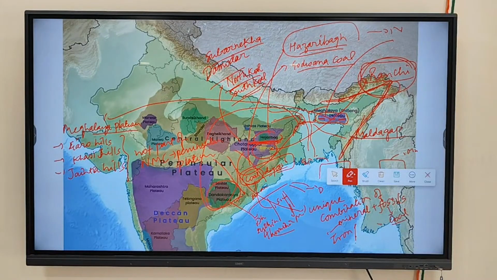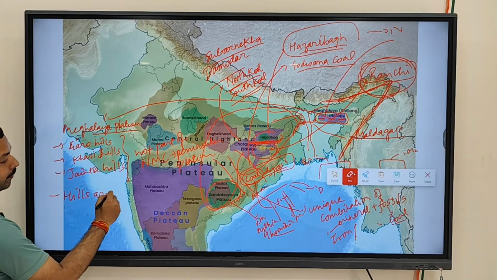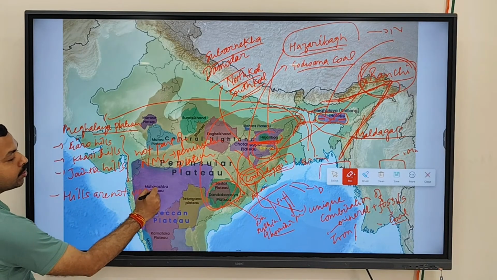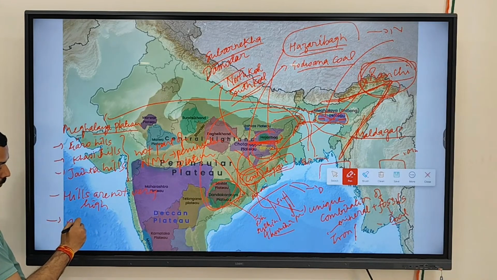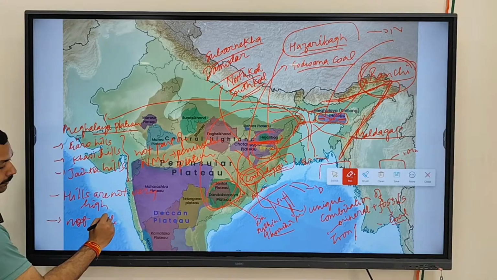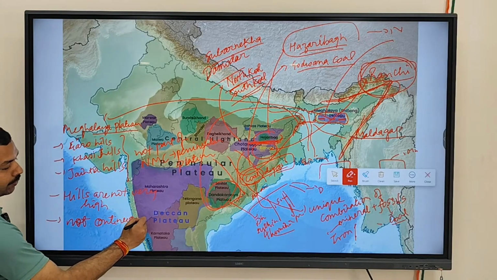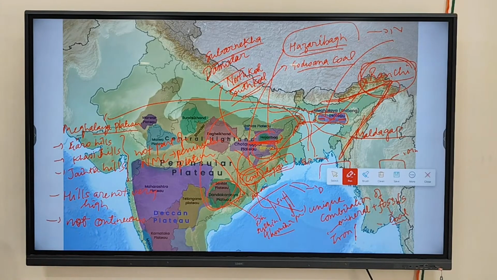Fine. Now these hills are not very high, and they are also not continuous. So the hills are not very high and not very continuous.